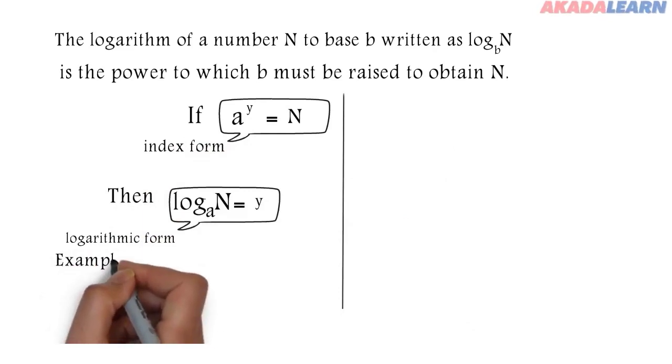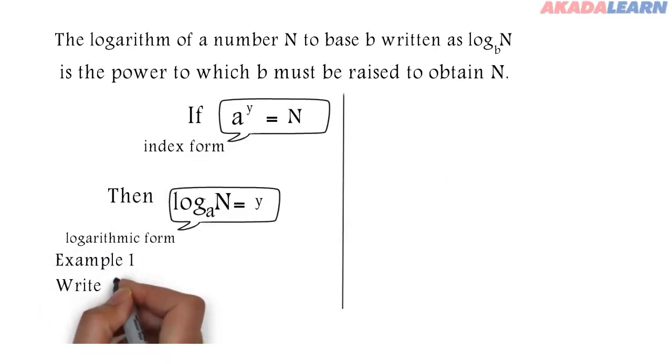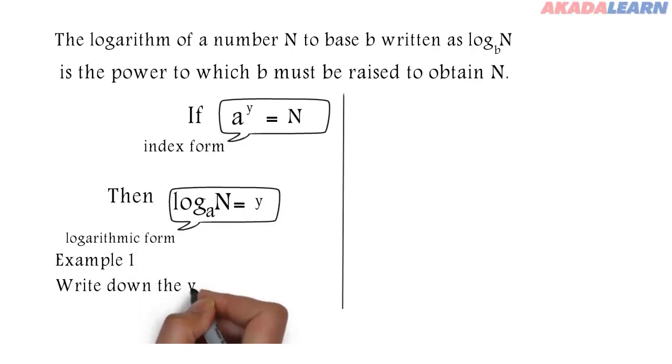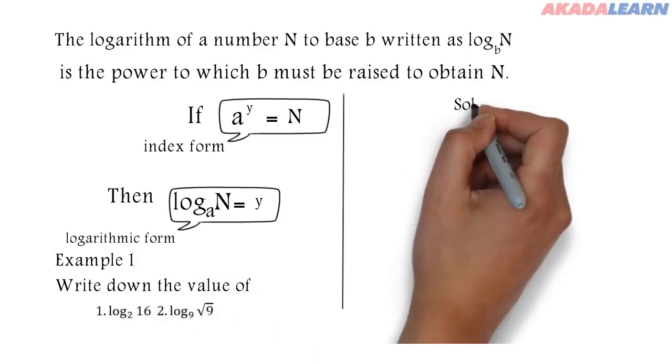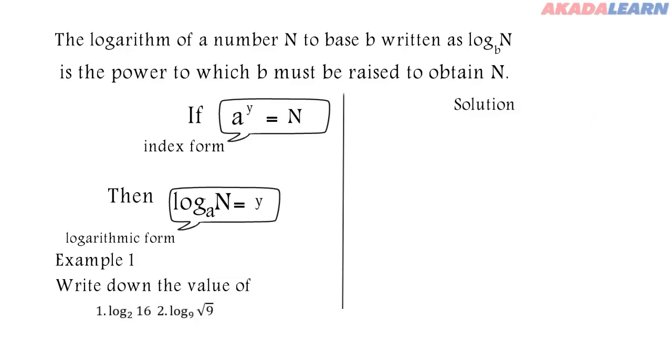So let's see an example now. Example 1. We want to write down the values of some logarithms. Right there, log 16 base 2 and log root 9 base 9. So let's see how to do that. Number 1, we'll say let log 16 base 2 be equal to x.